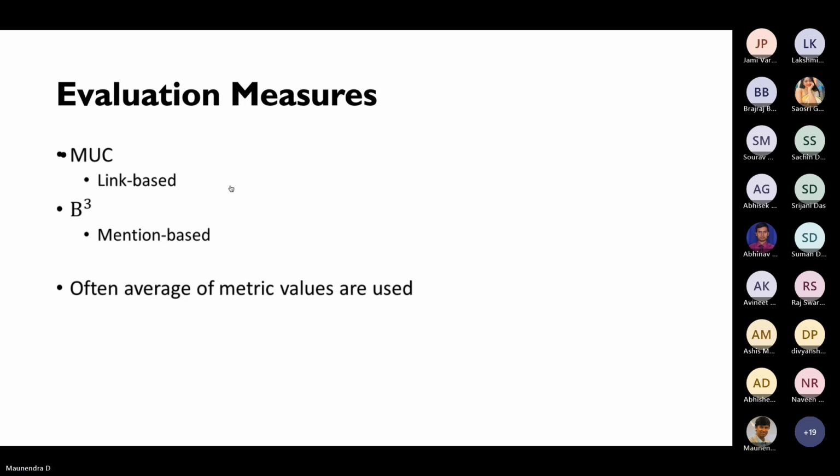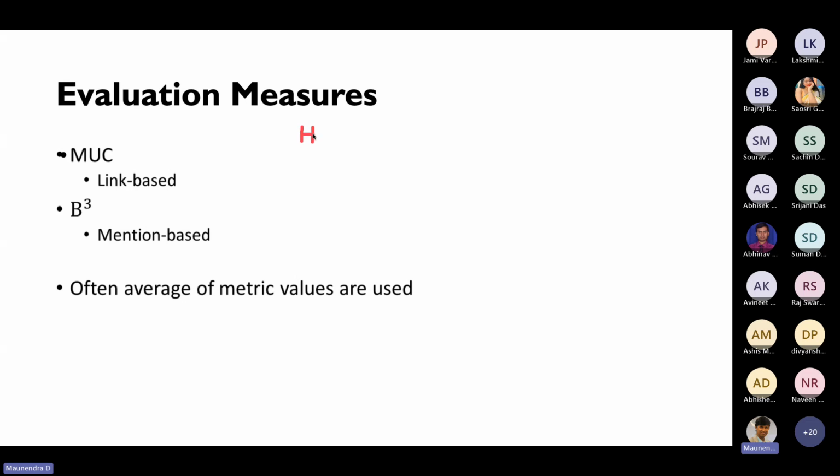Let me see if I can scribble on the slide. Suppose we have H as the clusters given by the algorithm.